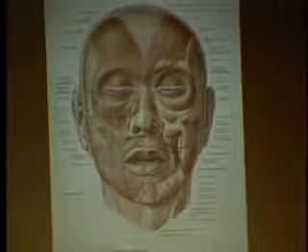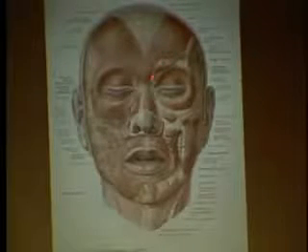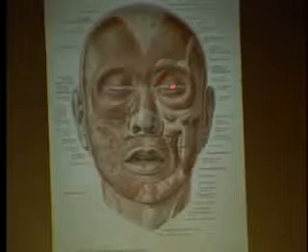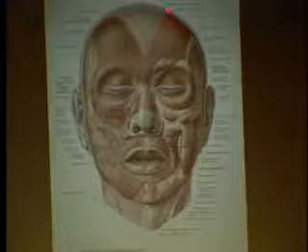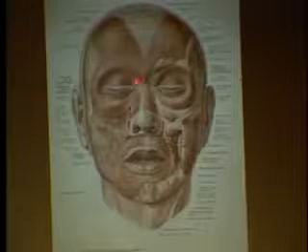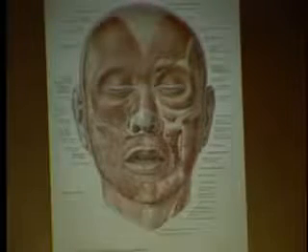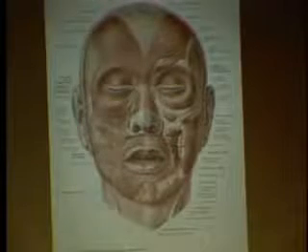Does it have bony attachments? No, because it's coming into the eye muscle here, and it's coming into the galea aponeurotica up here. So, can it raise the eyelids? No. What raises the eyelids? The levator palpebrae. Good for you. Speak up. All right. We're going to keep the same one.